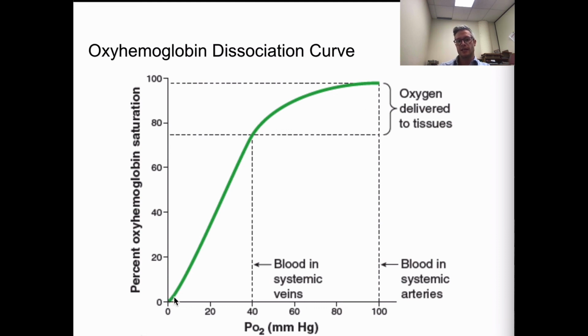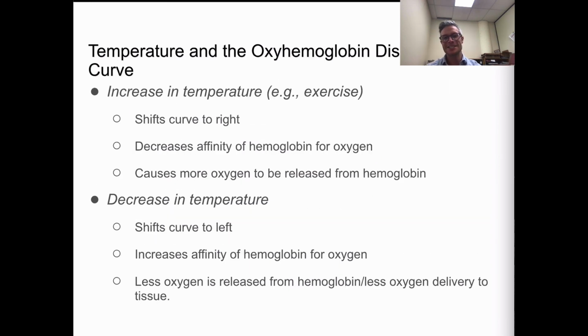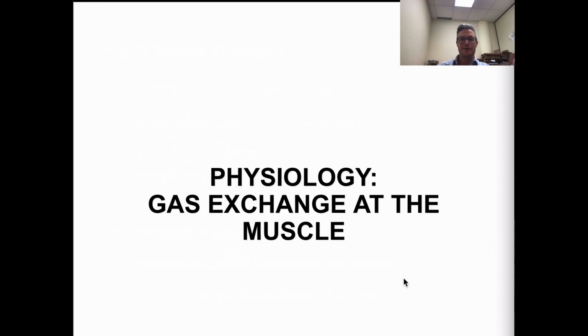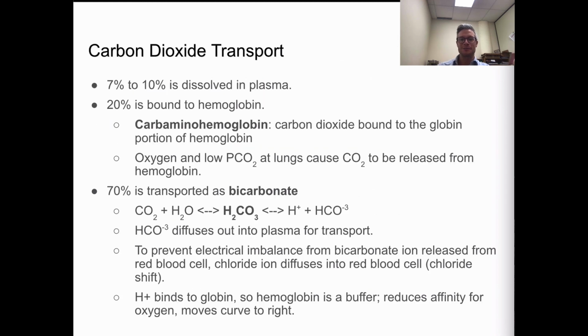That shift to the right at any given partial pressure of oxygen will decrease the percent of saturation, and we want a decreased saturation percentage of oxyhemoglobin if we're exercising. I said that probably about 9 different times in 9 different ways, but I really wanted to make that as clear and apparent as possible.